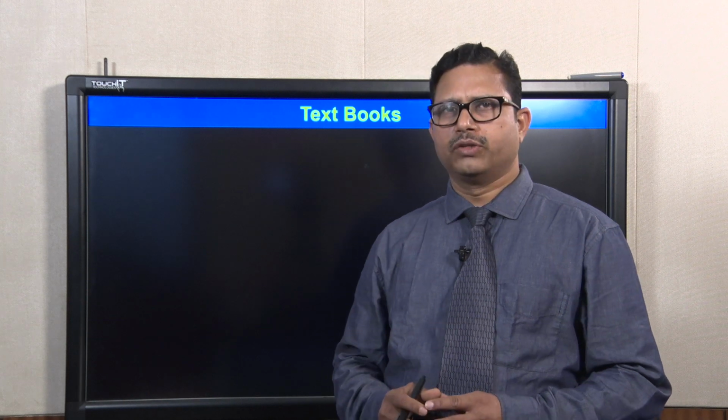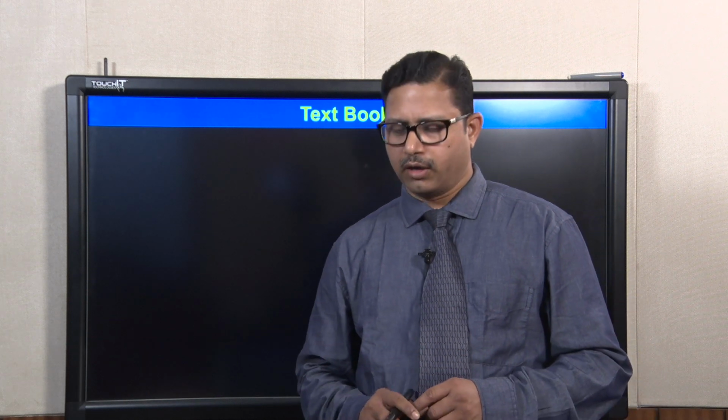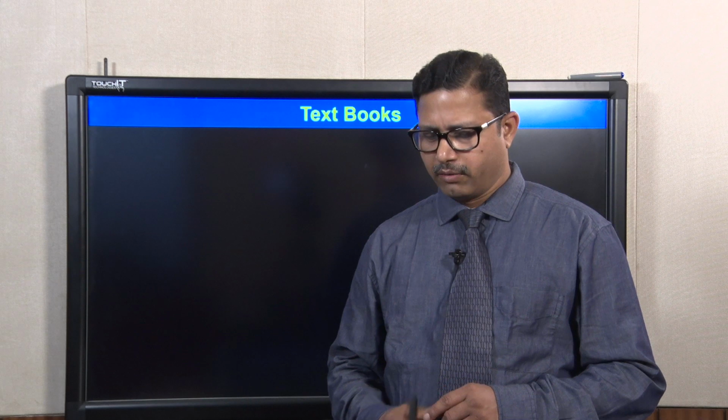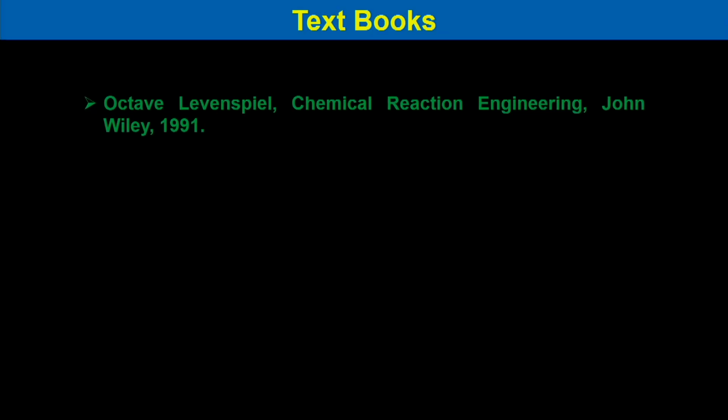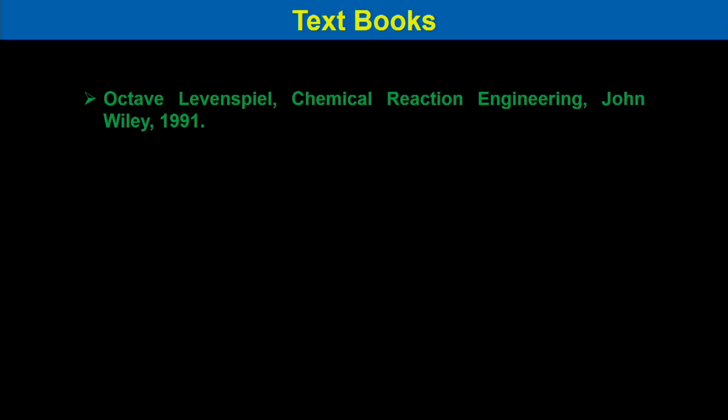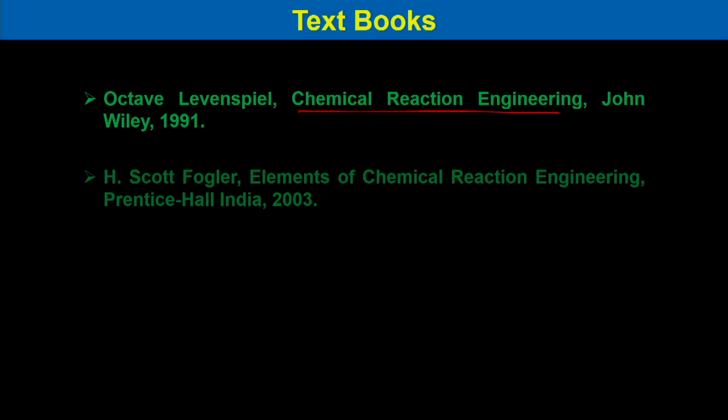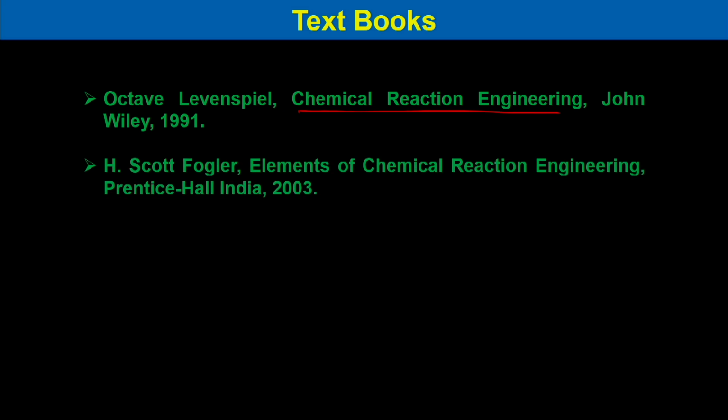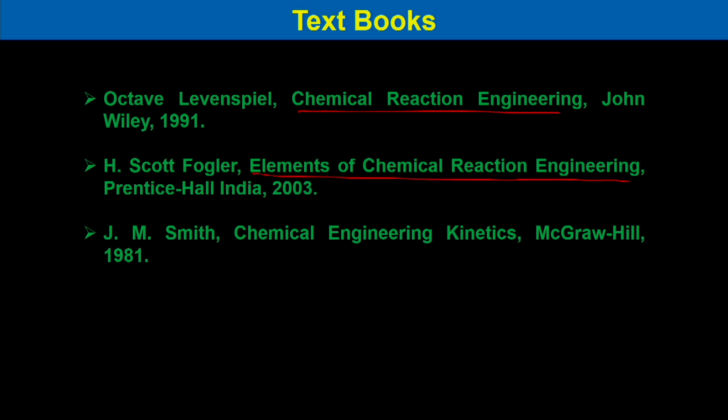The textbooks which we generally follow for Chemical Reaction Engineering 1, the first one is Octave Levenspiel, that is on chemical reaction engineering. The second book is H. Scott Fogler, that is Elements of Chemical Reaction Engineering, and the third one is J. M. Smith, Chemical Engineering Kinetics.